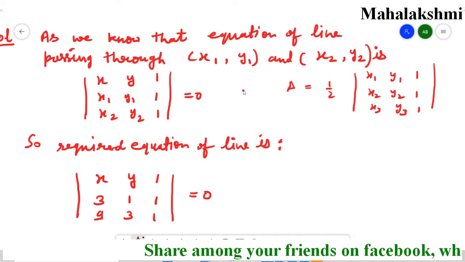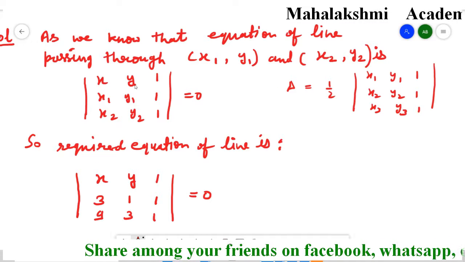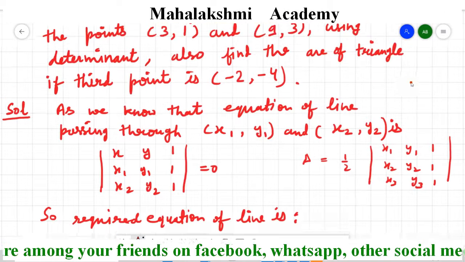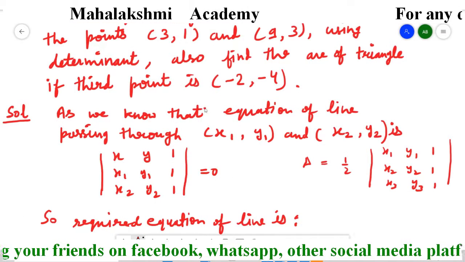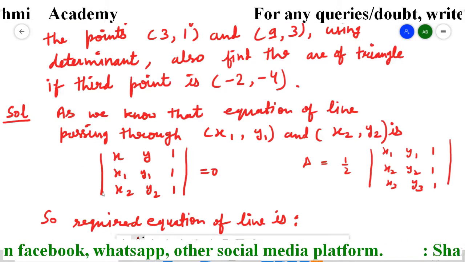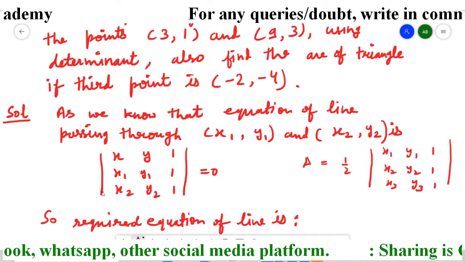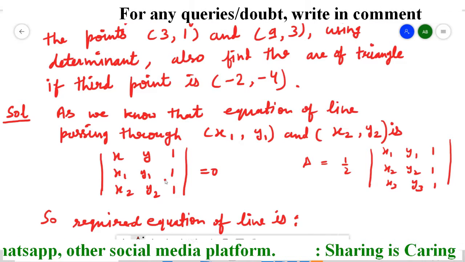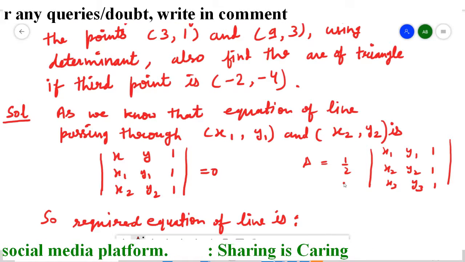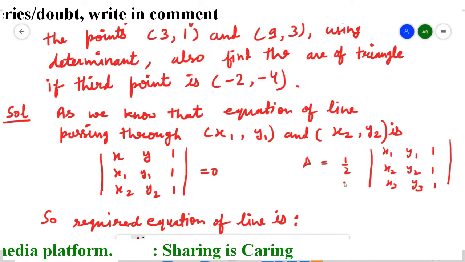So the conclusion is, if instead of this x and y we replace our third point, which is given in the question, -2 and -4, and write an extra half here, then it will convert to the area of the triangle. Again I am repeating: this is the formula of the equation of a line, and this is the formula of the area of a triangle if 3 points are available.